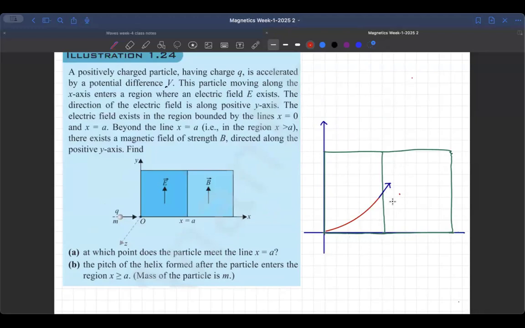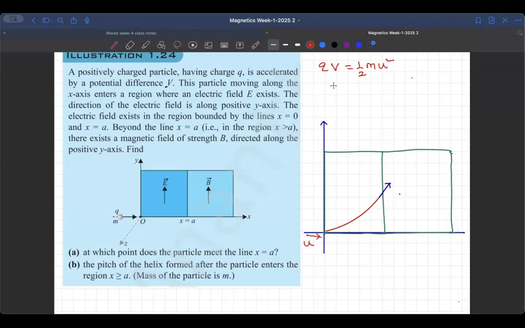So in this particular case, first of all, by the time it is entering here, what is its velocity? Let that be u. How do I know u? So q into V is equal to half m u square.